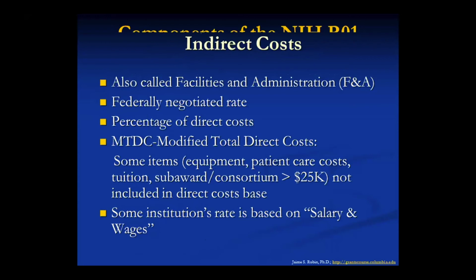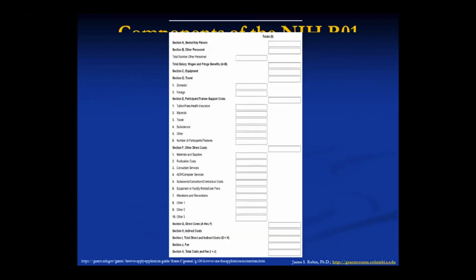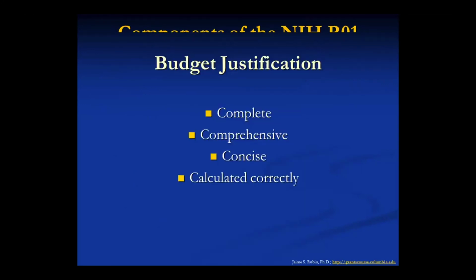It's based on some aspect of the direct cost. Ask your research administrators whether it's based on salary and wages or modified total direct cost, most but not all of the direct cost items. The system adds everything up for you in terms of your total budget.